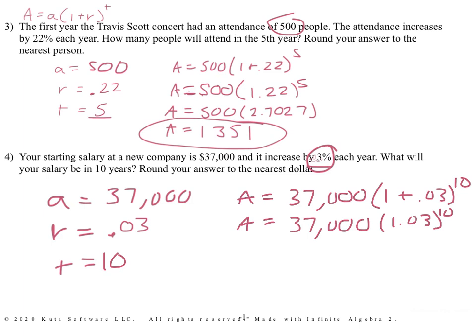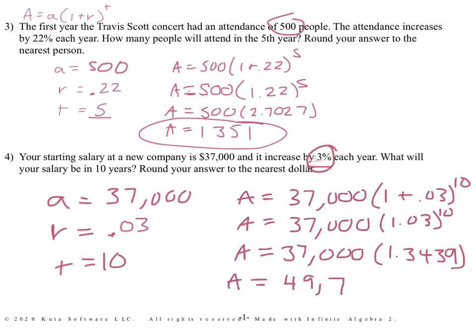We click that x raised to the y, then 10, then equals, and we get 37,000 times 1.3439, and then multiply those two together. And our final amount is 49,725.